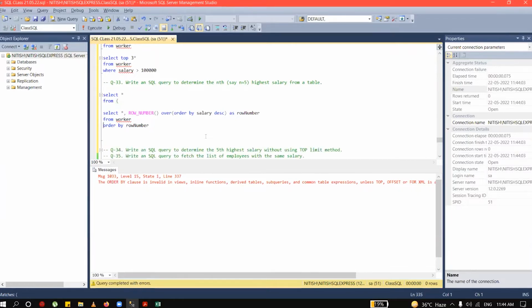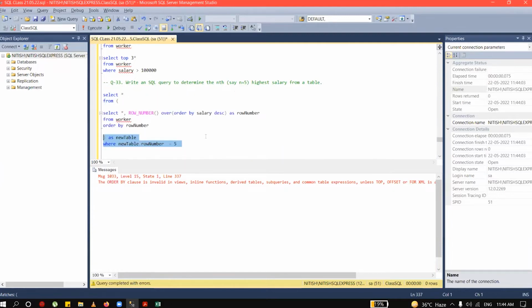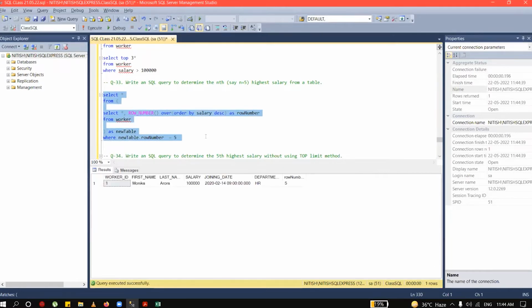I should be writing only on this. Where row number is equal to 5. Here is Monica. Actually, order will not work here. If you are doing an order, you cannot take it as a new table. So order is not allowed.